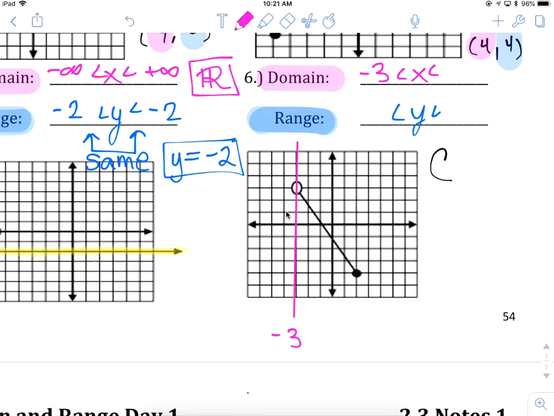If I ask you how far right did it go, did it get to 1, to 2? 2 is as far as it went. It got all the way to +2. Okay, so left was -3, right was +2. Think about it like cropping off a picture. I don't need any of this. The graph did not go in that zone.